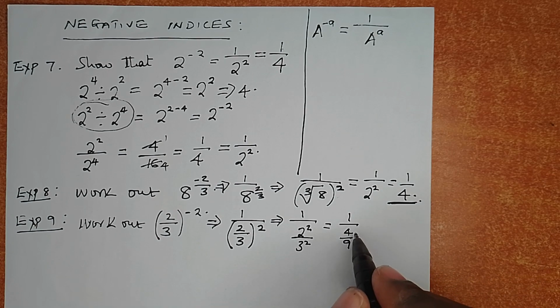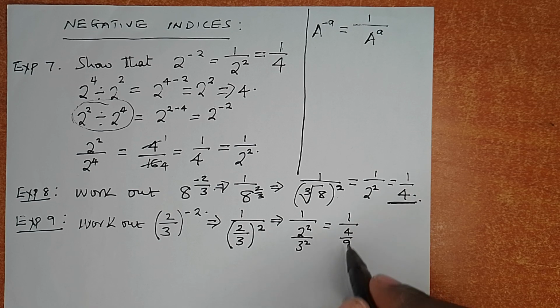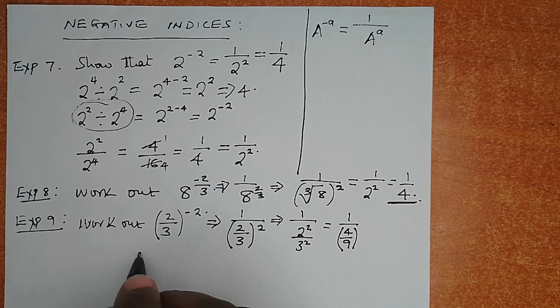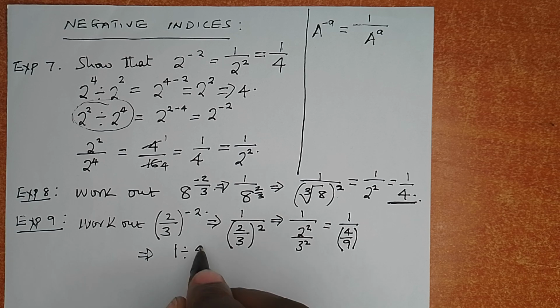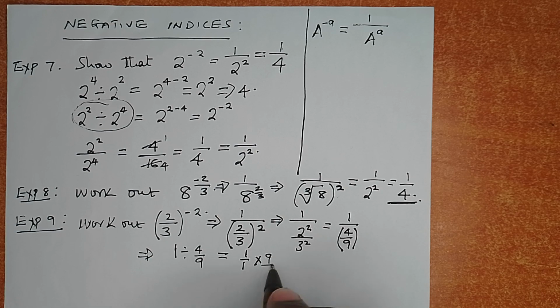So anytime we divide by a fraction, it is like multiplying by the reciprocal of the divisor. So 1 divided by 4 over 9 is like 1 over 1 times 9 over 4, which is 9 over 4.